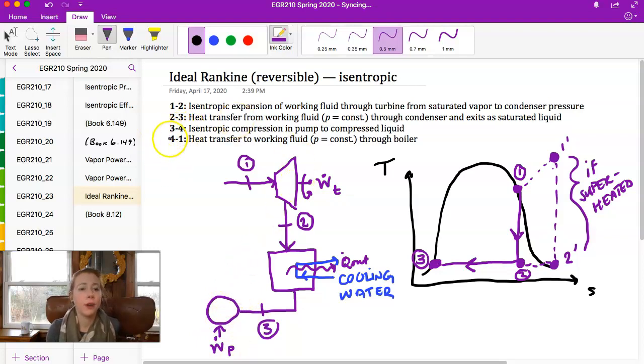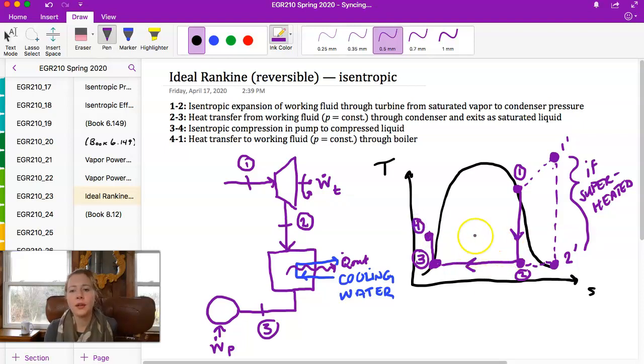And from process 3 to 4, we have isentropic compression in the pump to a compressed liquid. Okay, so here we're at a saturated liquid at 3, and then we go to a compressed liquid for 4. So we're no longer touching the vapor dome.